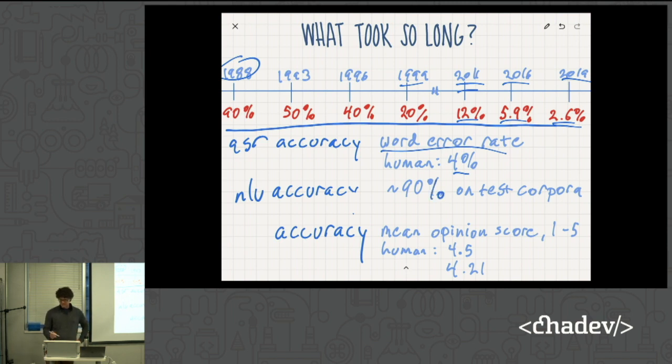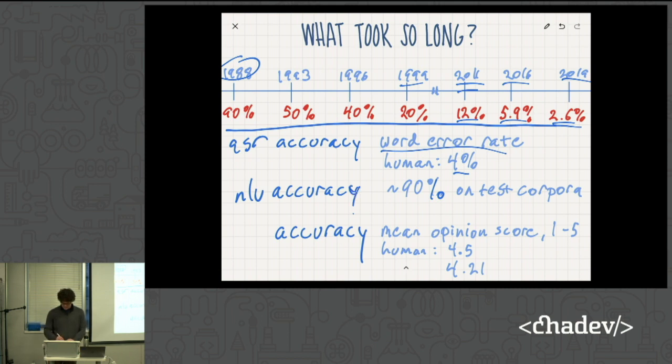So 90% accuracy across a broad test corpus is the current state of the art. So 90% is reasonably good. If you think about how often you misunderstand somebody else, I don't think any of us, at least me, would claim to be super accurate as far as understanding the meaning behind things.